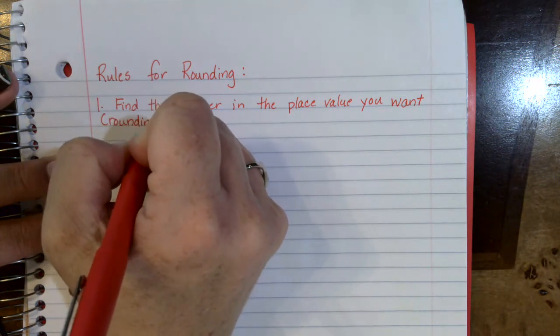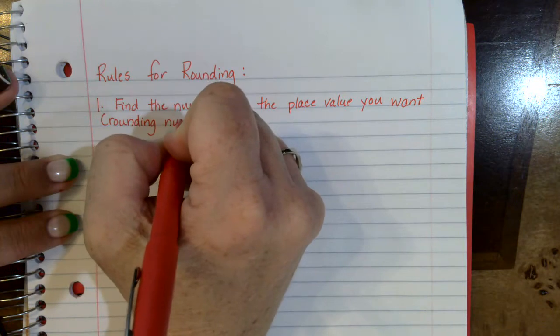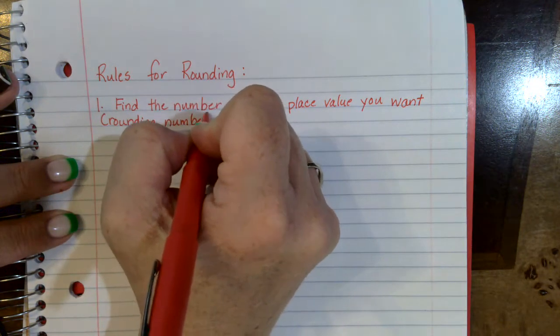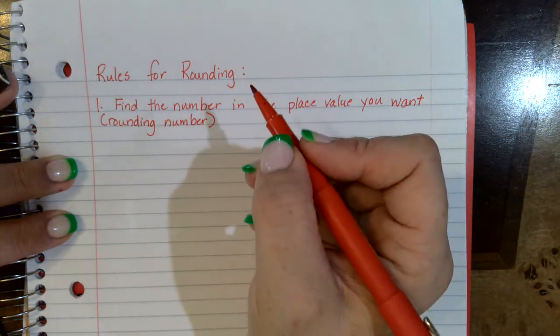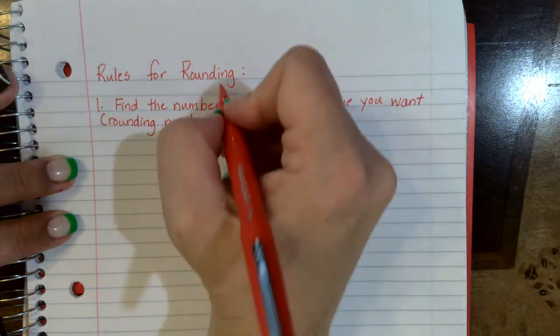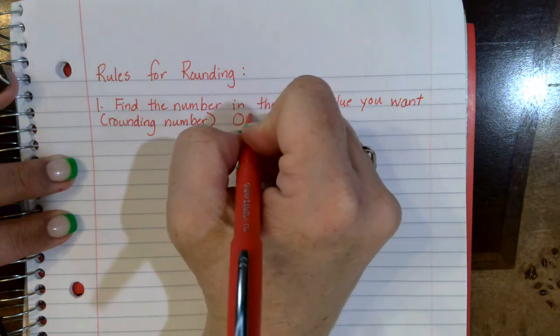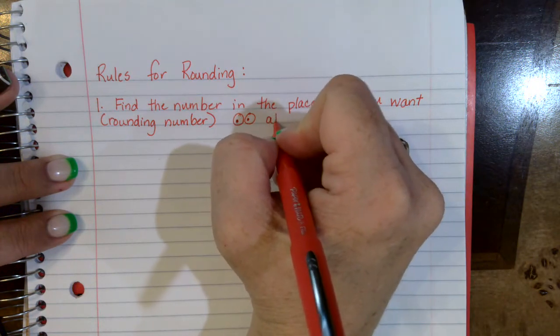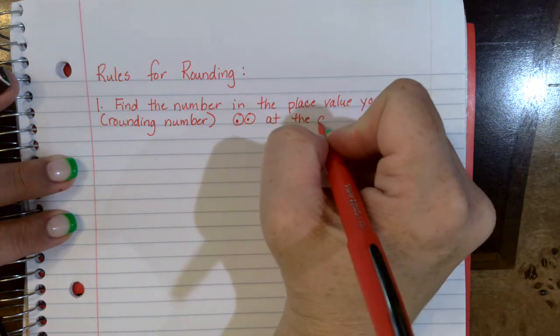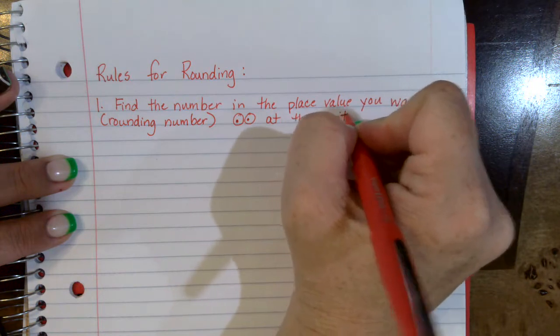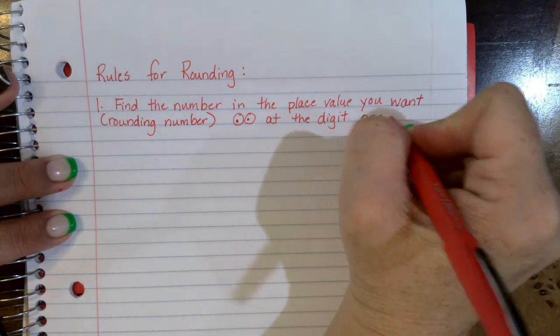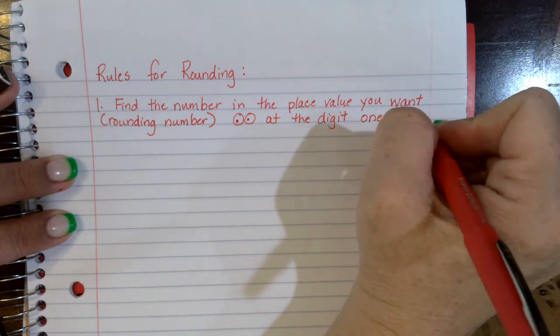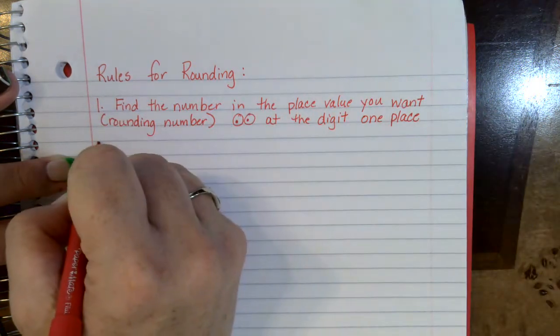So this is the rounding number. And look at the digit one place to its right.